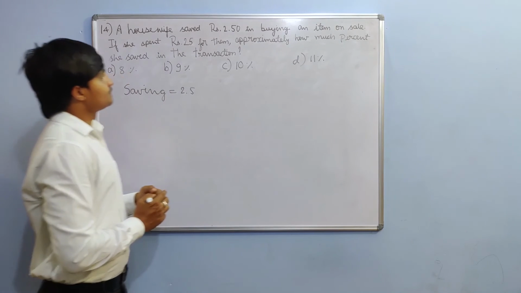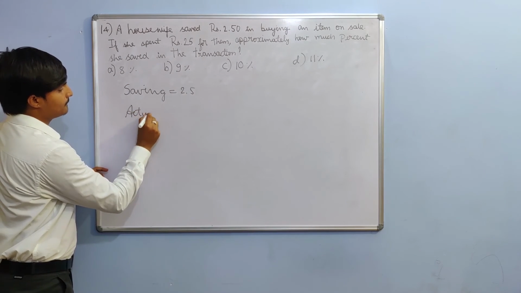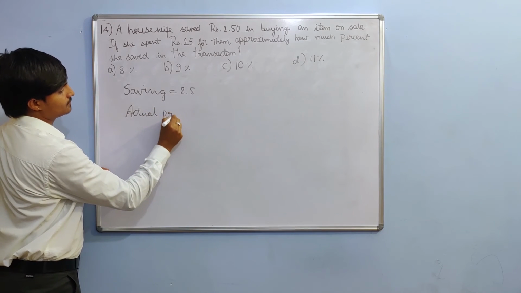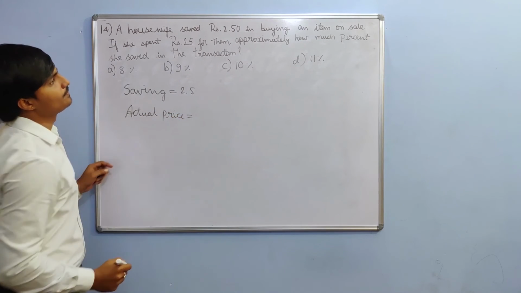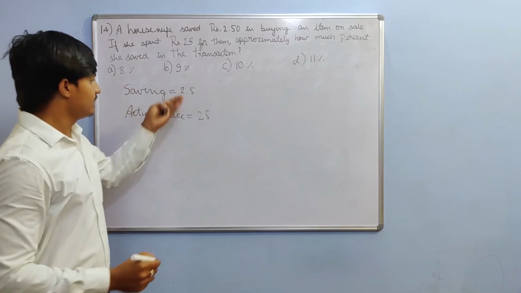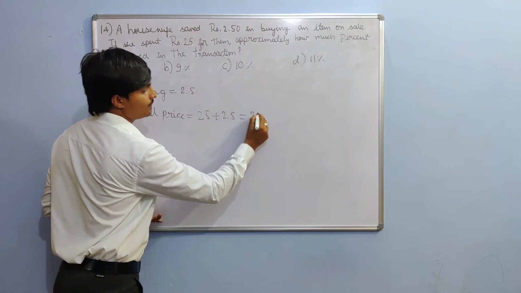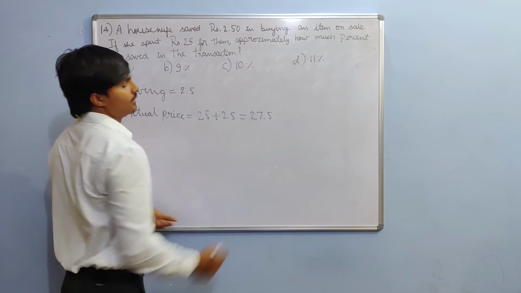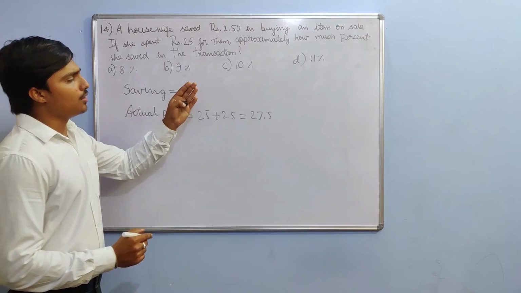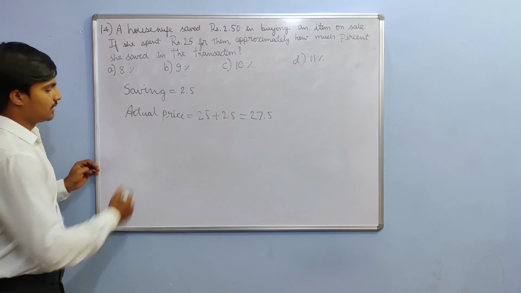It means the actual price is equal to, she has spent 25 and her savings is 2.5, so which is equal to 27.5 rupees. Now the question is how much percent she saved in the transaction.